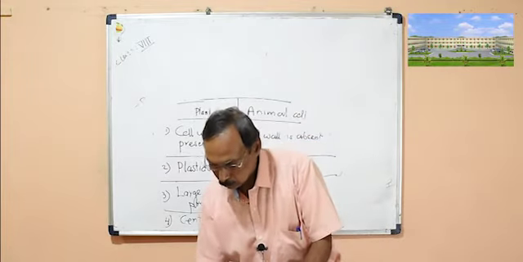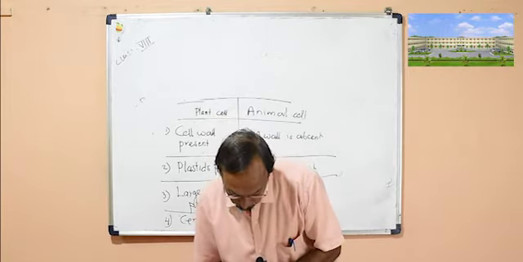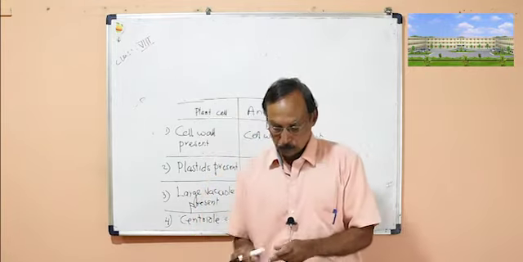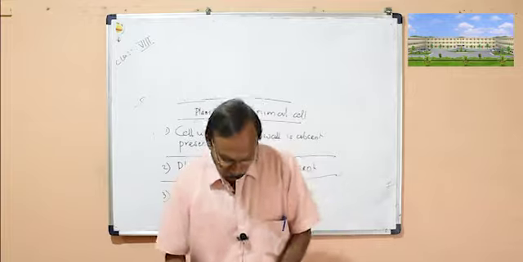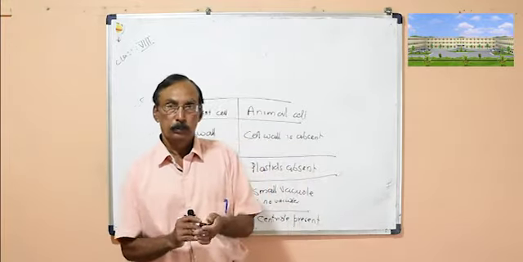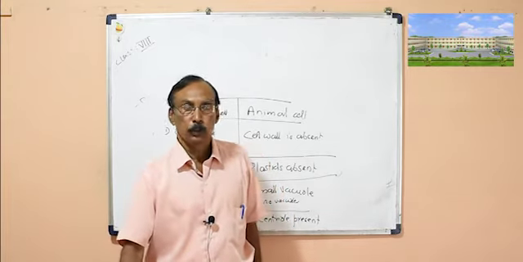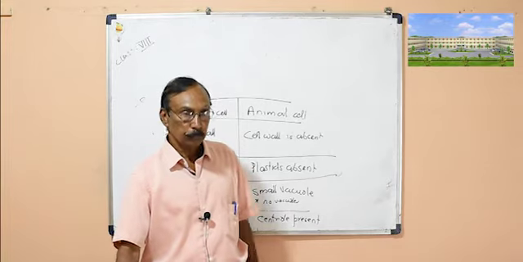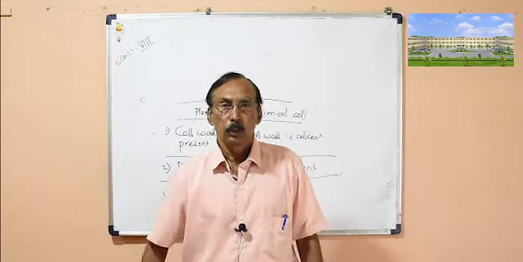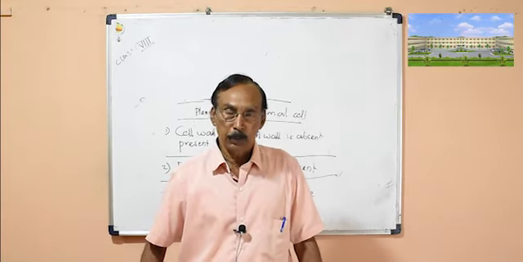So the next question is this one. How is a prokaryotic cell different from eukaryotic cell? You have to write this answer by yourself. Eukaryotes have a definite nucleus. Prokaryotes have a primitive nucleus.